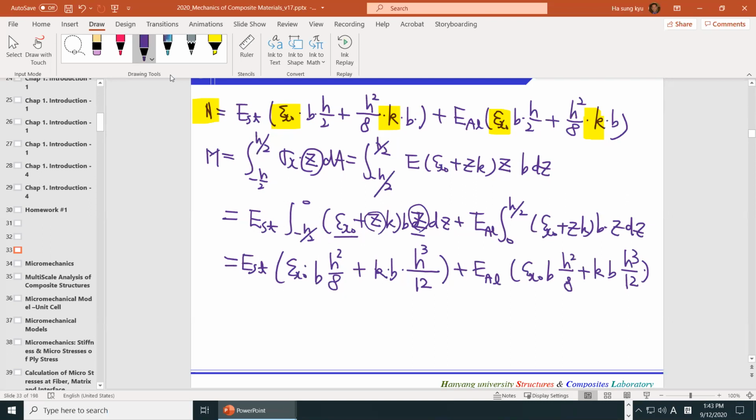Right? Oh, there should be a minus here, because we have a minus here. I mean, these terms come from z square, so integrate means z third, and minus half H to 0. So oops, this is not 12. This is 24.